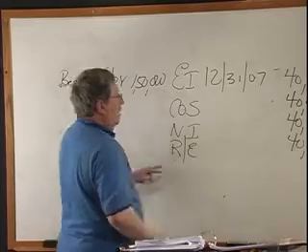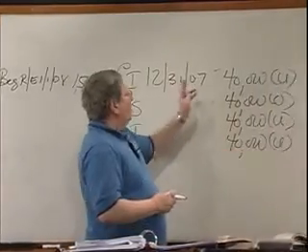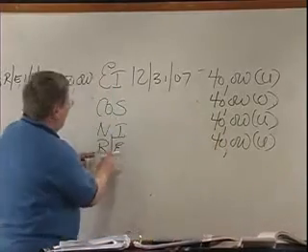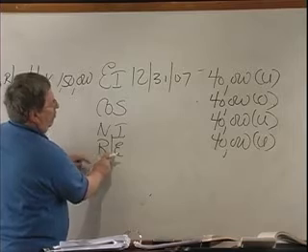Now, we know that our ending retained earnings was understated at the end of 07 by 40,000. So therefore, this becomes our beginning retained earnings, understated by 40,000.